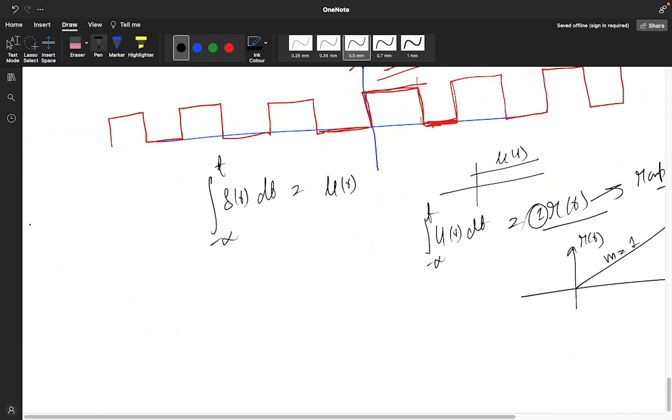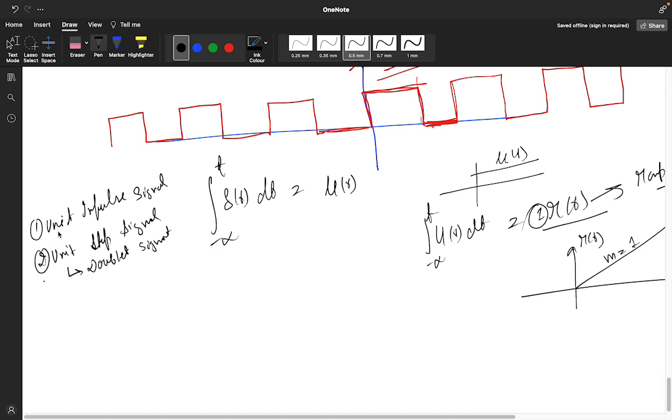Till now we discussed the unit impulse signal, then the second is the unit step signal, then in this we also discussed the doublet signal in a small part. And the third one is the ramp signal we are going to study.